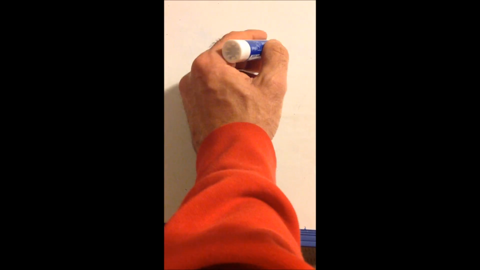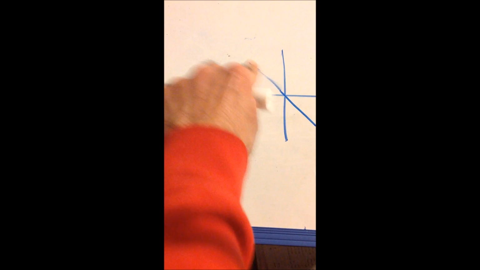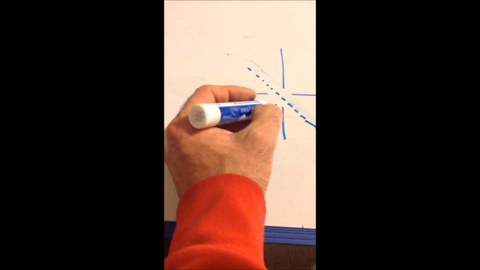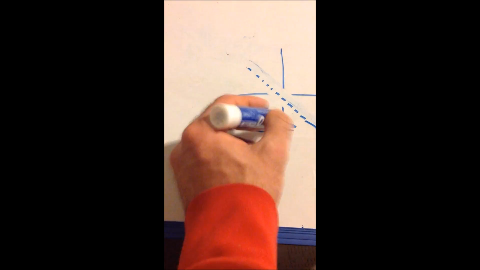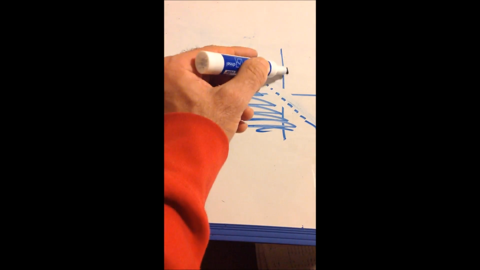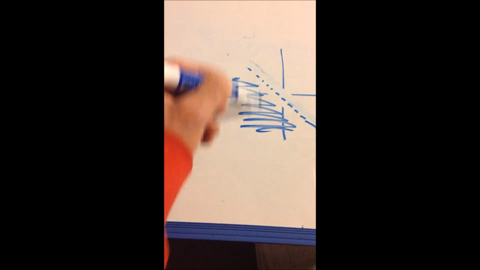All right, so again, let's say we had a dotted line, and the solution was here. This is the solution. If you go up from any point on this dotted line, it's not in the solution, so the solution is below the line.